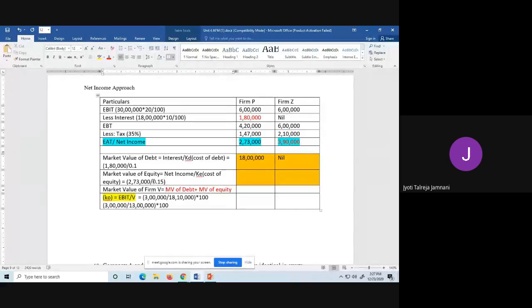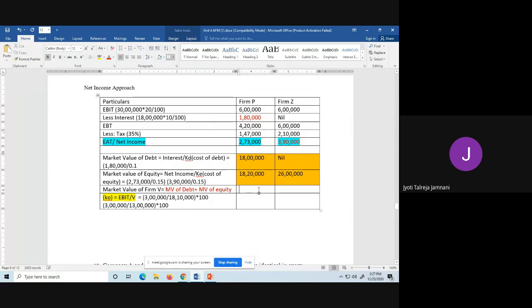So 2,73,000 divided by 0.15 gives 18 lakhs 20,000. 18,20,000 is the value of equity. Same way we have to do it for Company Z. The net income of Company Z is 3,90,000. So 3,90,000 divided by 0.15, that is 15%, you'll get 26 lakhs.